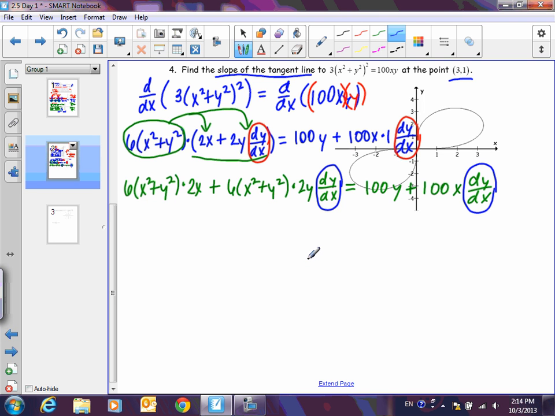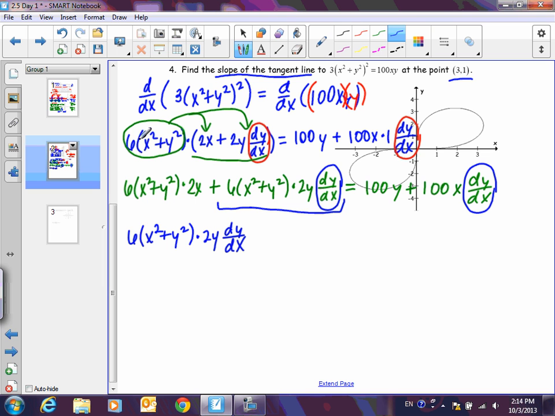Okay? So don't just write down what I'm writing down. Really think about this. I want this term to stay. So let's write it. 6 times x squared plus y squared times 2y dy over dx. Why didn't you just divide both sides by 6 times x squared plus y squared?